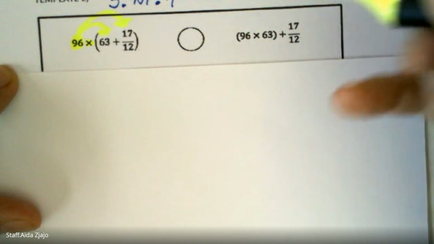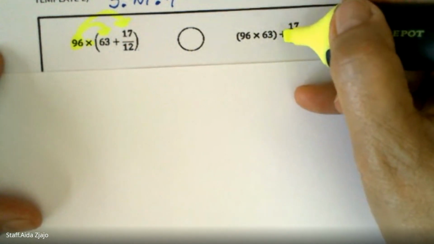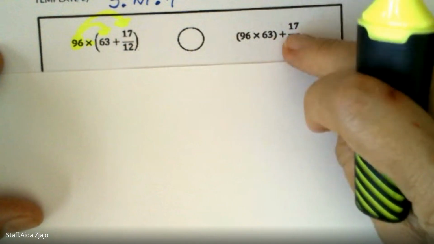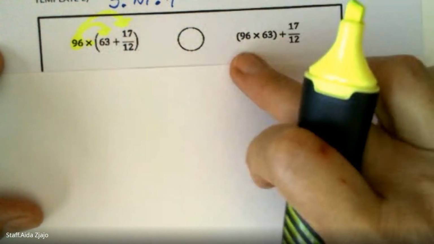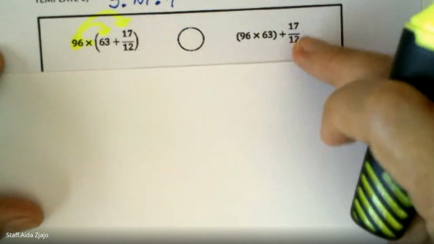On this side, you already have 96 times 63, and the numbers are the same: 96, 96, 63, 63, 17 twelfths as well.